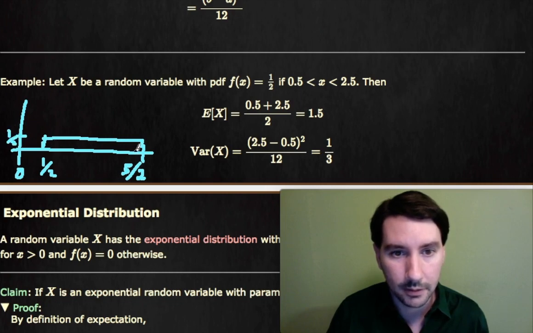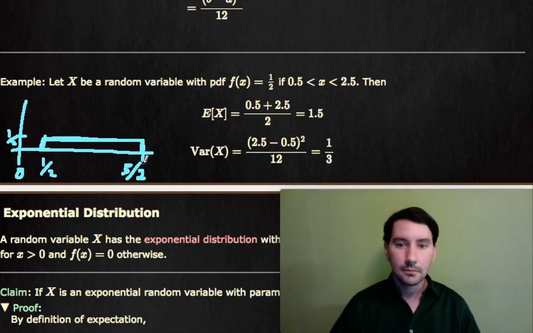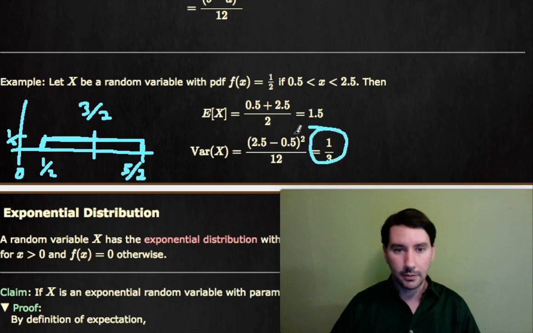That's because this is length 2, so that just gives us a box that has area 1. That's 2 across and 1/2 high. The mean is right in the middle, so it's 1.5 or 3/2, and the variance is 1/3.